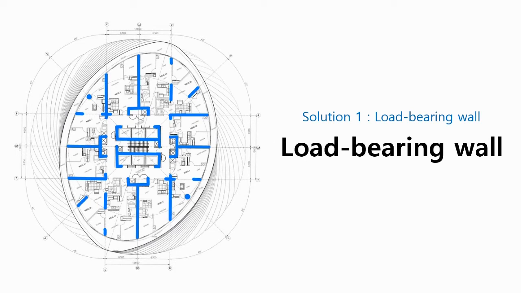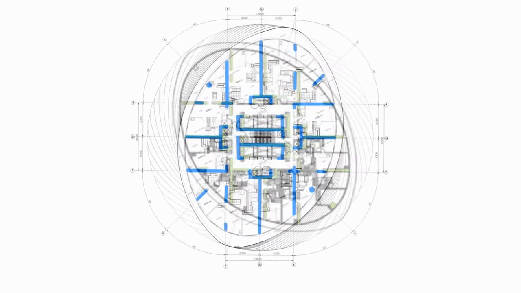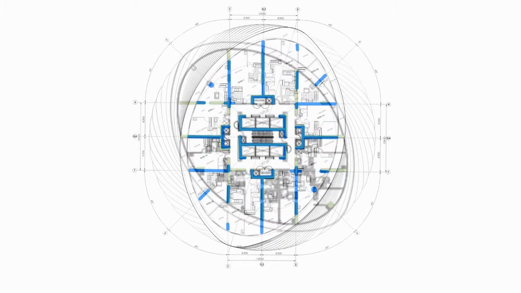Let's begin with the load-bearing wall. These are two different floors of the Absolute World Towers respectively. Although the rotation degree between the two slabs is very different, the load-bearing wall is located at the same position on each floor. Also, the load-bearing walls extend or contract according to the slab.